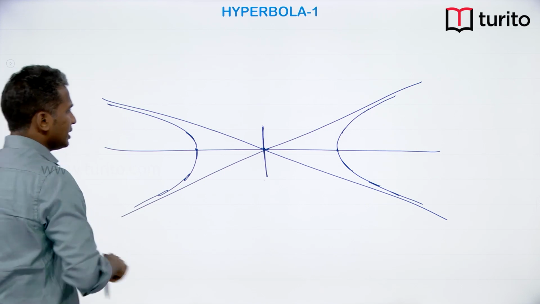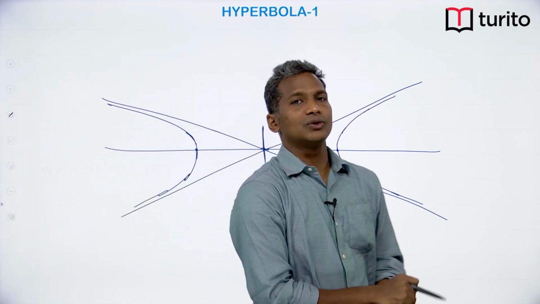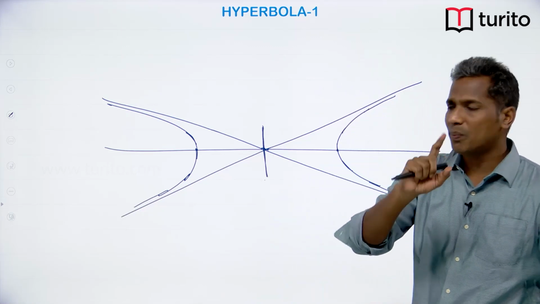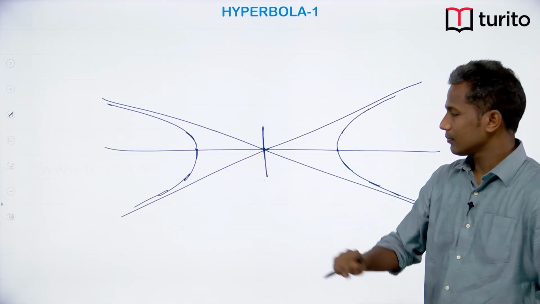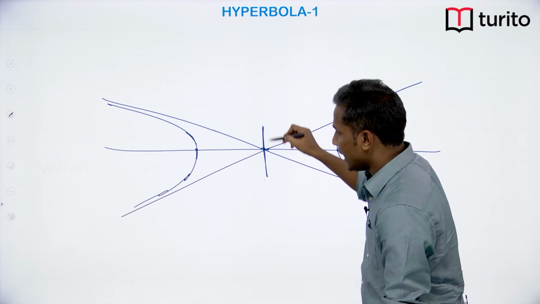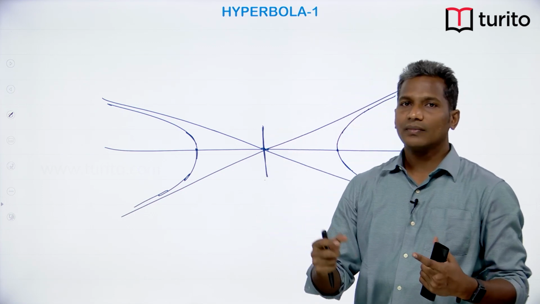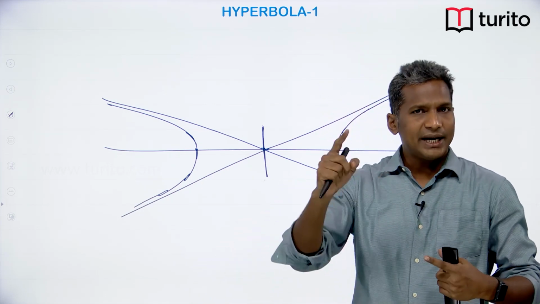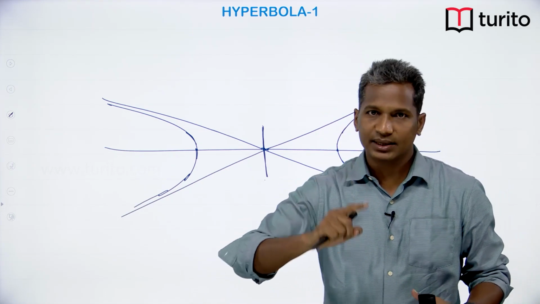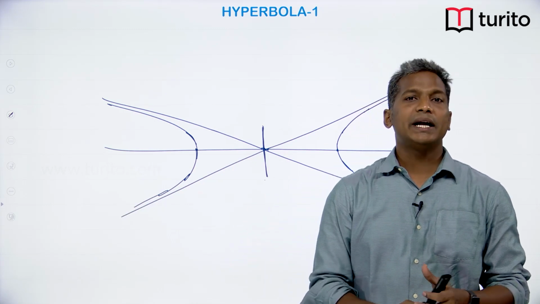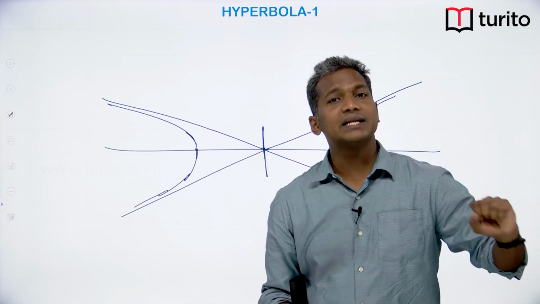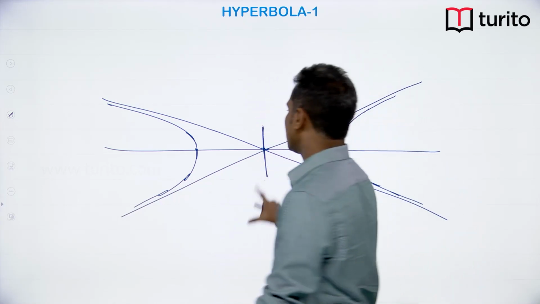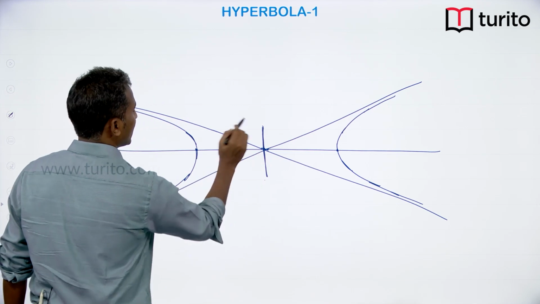Now, why are we discussing the conjugate axis? I am going to explain why it is called the conjugate axis. By taking the ends of the conjugate axis as the ends of the transverse axis, I will repeat, by taking the conjugate axis as the transverse axis and the transverse axis as the conjugate axis, if I draw another hyperbola, that means I want this to be the main axis.